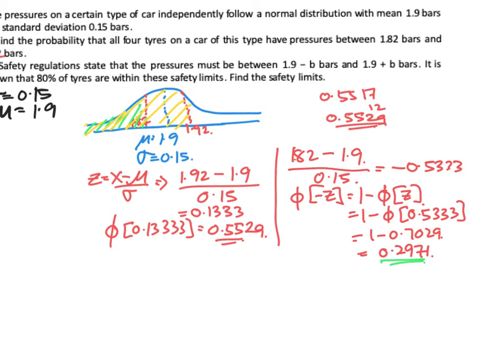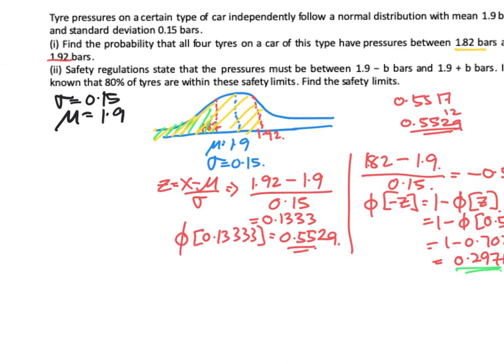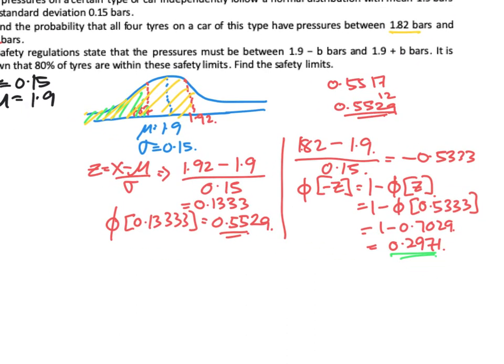The question requires us to find the probability between 1.82 and 1.92. So the answer will be 0.5529 minus 0.2971, which is 0.2558, approximately 0.256.